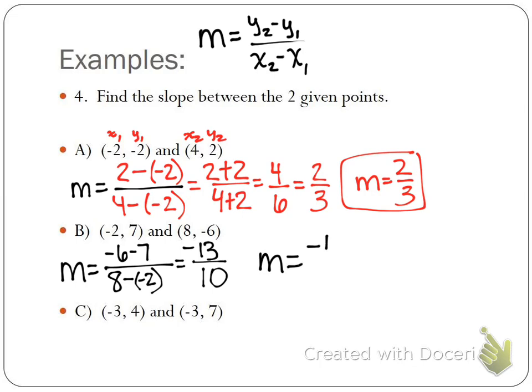M equals -13/10. Do not, and I repeat, do not, if you are finding slope, change this into a mixed number or into a decimal. Don't do it. Slope is a ratio. We need to write it as a ratio.